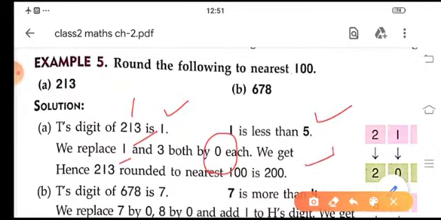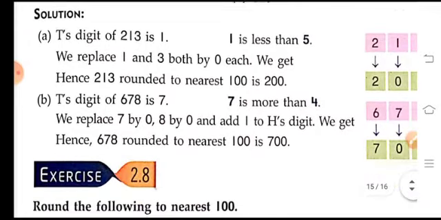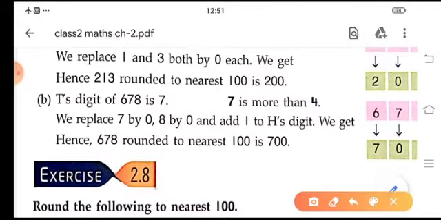So we get 200, because 1 is replaced by 0 and 3 is replaced by 0. So 213 rounded to the nearest 100 is 200.